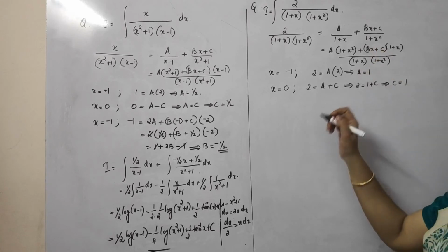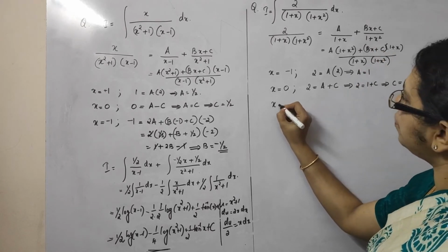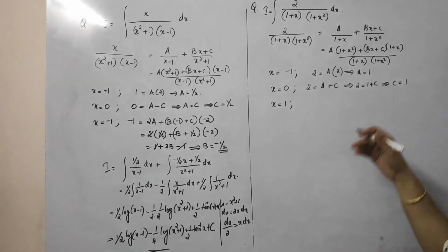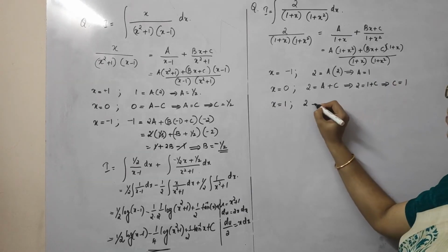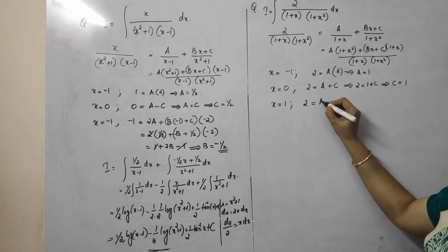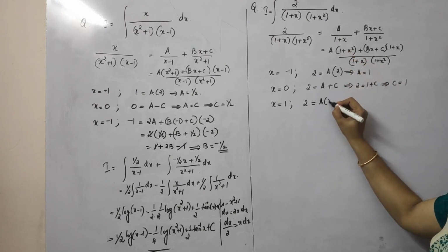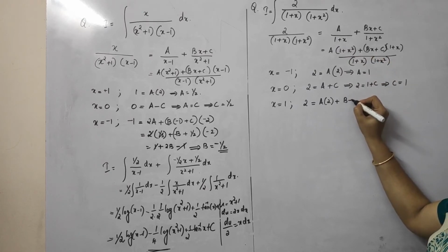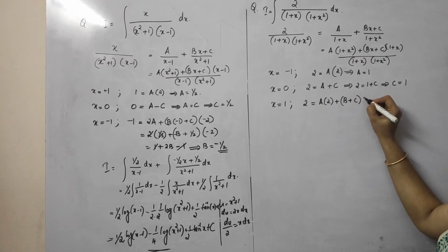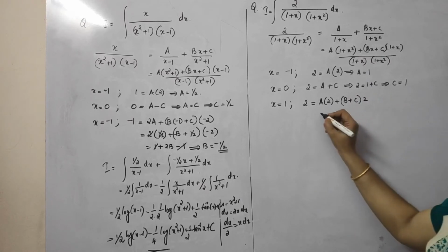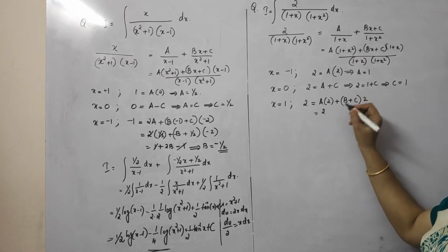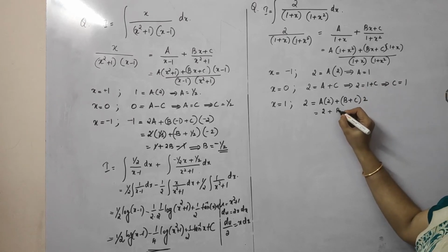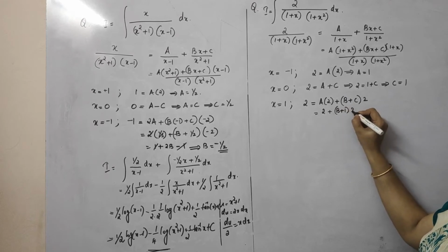Now we need to find the value of b. So I substitute x is equal to 1 because already I have got the values of a and c. Substituting x is equal to 1, 2 is equal to a into 1 plus 1, that is 2, plus b into 1, that is b, plus c into 2. So this gives me 2 times a, which is 1, 2, plus b, plus c which is 1, into 2.